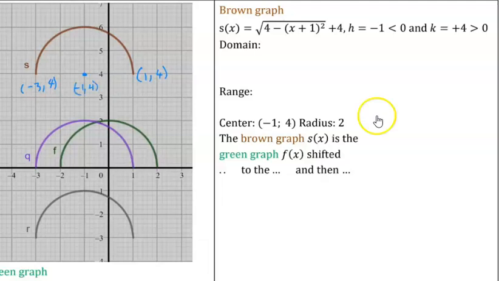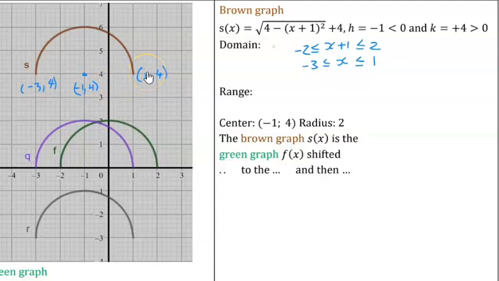So what happens here, my domain, I will have again x + 1 less than or equal to 2, greater or equal to -2. So x, I will have to subtract 1 from both sides, will be less than or equal to 1 and greater or equal to -3, and that coincides with our values here. The x value is -3 here and +1 there.